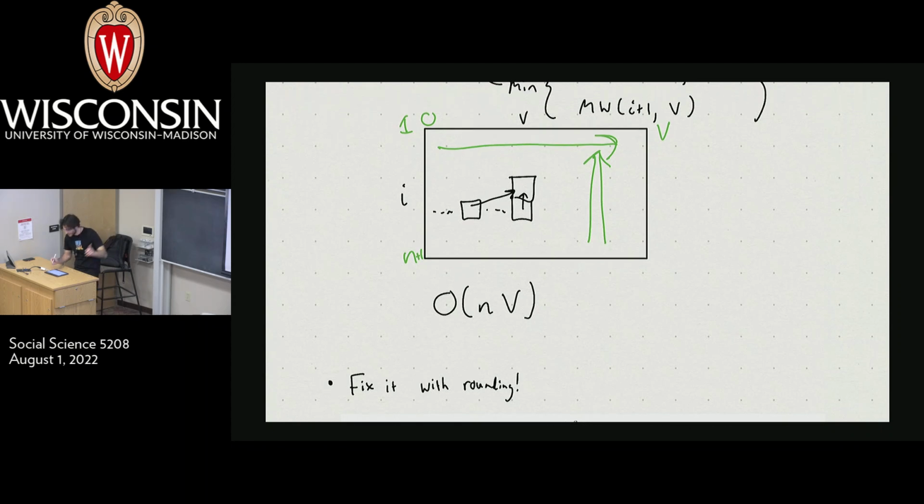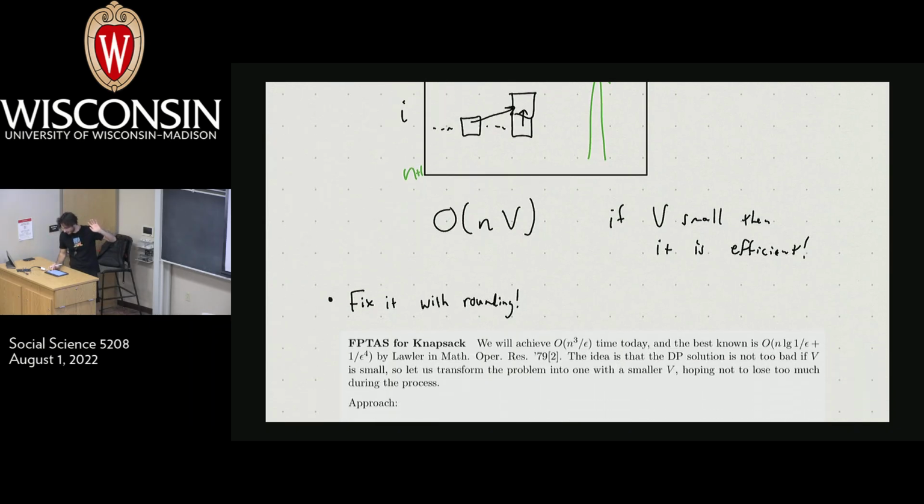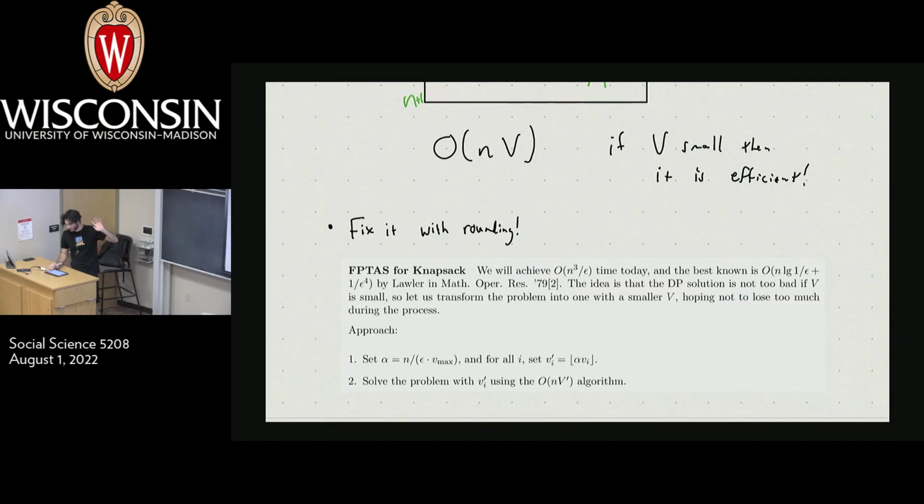So the idea here is if V is small, then it is efficient. As long as we can guarantee the maximum possible value is small, then we can just use this algorithm and it's fine. So what we'll do is we'll just round every possible reward.